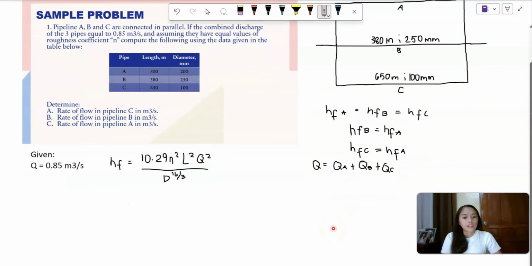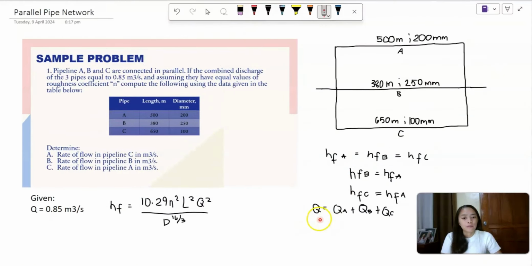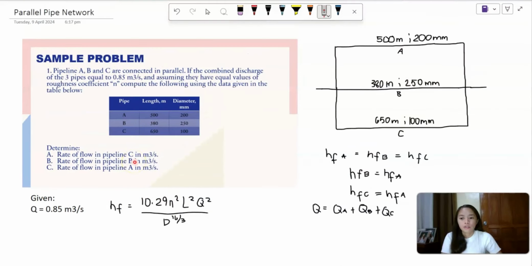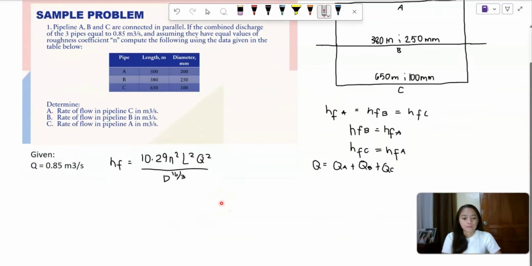And for the rate of flow, we have Q is equal to Q sub A plus Q sub B plus Q sub C. Since we are given a roughness coefficient, we will use the Manning's formula of head loss, which is 10.29 n squared L Q squared over D, the diameter, raised to 16 over 3.